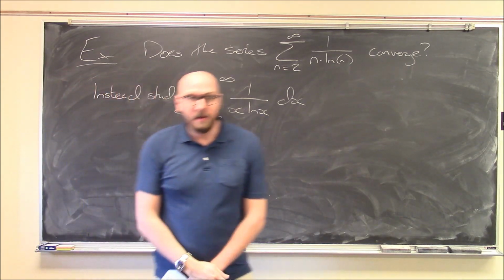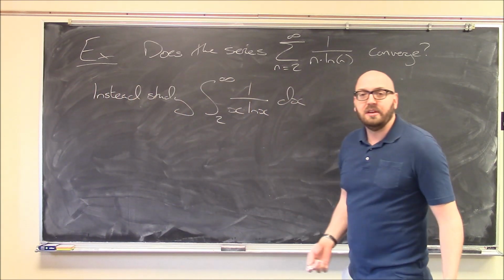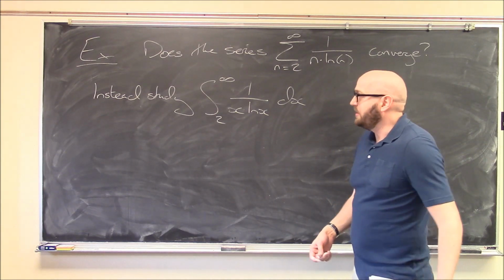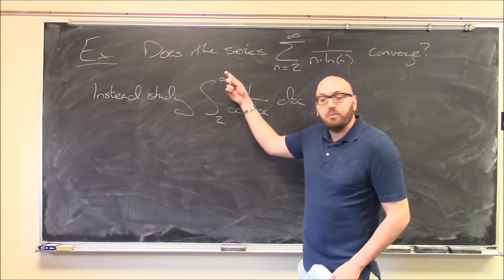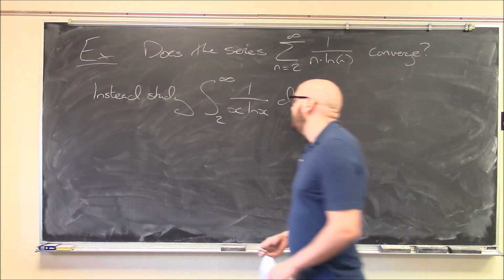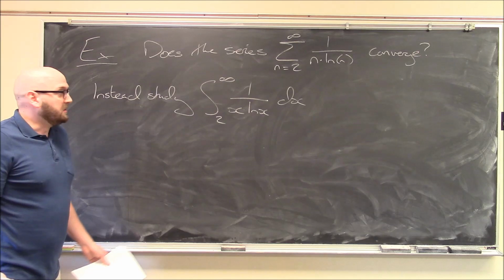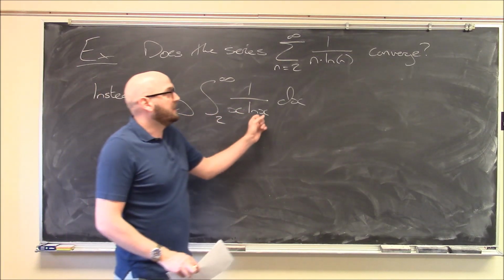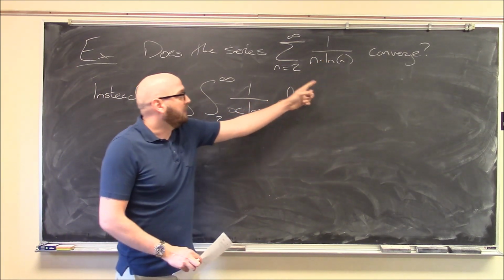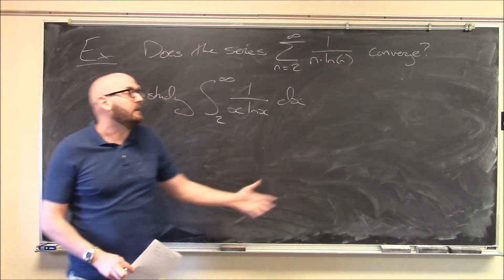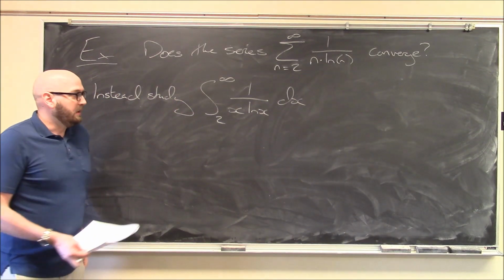Right, this is one of the very few times in this unit where something that we've studied previously will come into play. Here we've got improper integrals, another calculus 2 topic. So we're going to look at this integral and ask, does this integral converge or not? Notice, by the way, my function is exactly the same as the original function. I've just replaced n with this continuous variable x instead. That's all you ever have to do here.